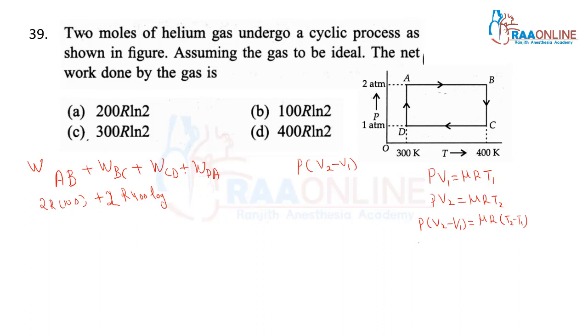Since temperature is constant, P1 V1 should be equal to P2 V2. So log V2 upon V1 we can write as log P1 upon P2. For the C2D part, P1 was 1, so it is 1 by 2.